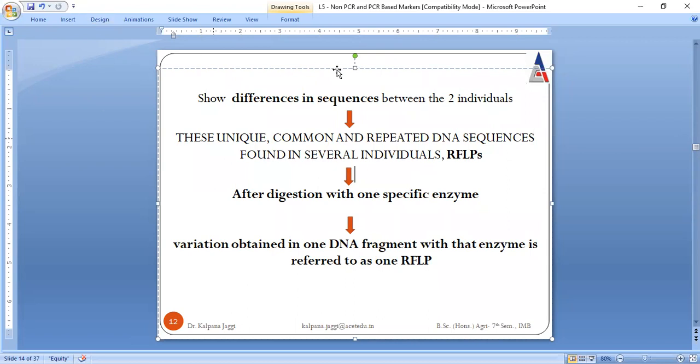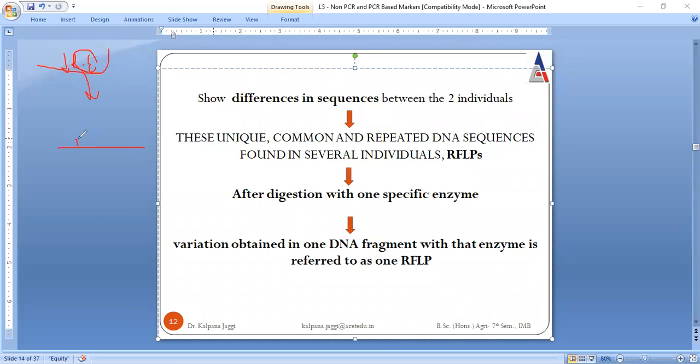I mean to say, for example, if this is the DNA and we are talking for only one restriction enzyme, otherwise we said number of restriction enzymes are producing the different lengths, right? But here once the DNA is digested with a specific enzyme only, then variation in this DNA fragment with this enzyme is referred to as one RFLP.